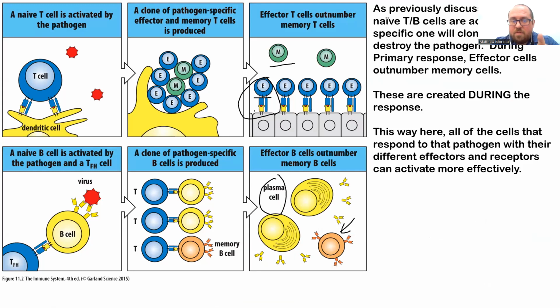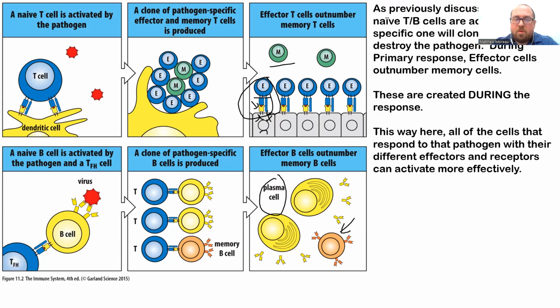NK cells are looking for the lack of MHC molecules. T cells are looking for specific MHC molecules that have a certain epitope on them, and if they do, this will kill all the cells that bear that particular marker that activated that particular T cell.